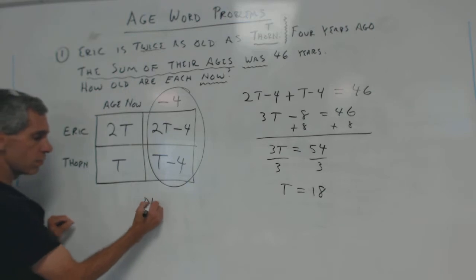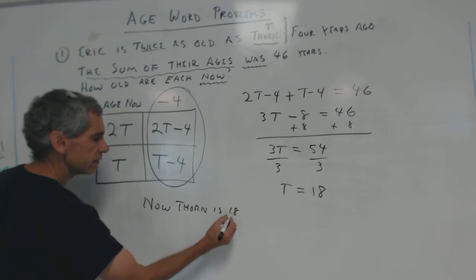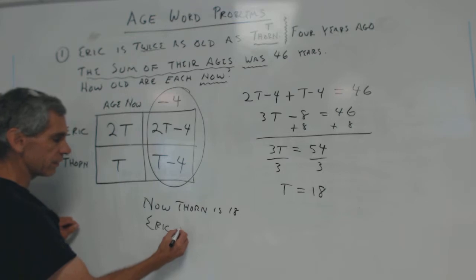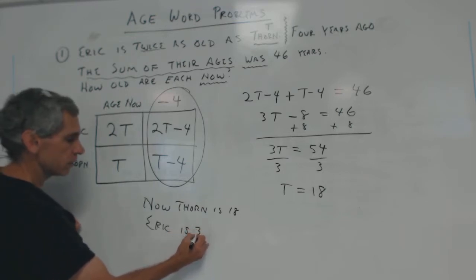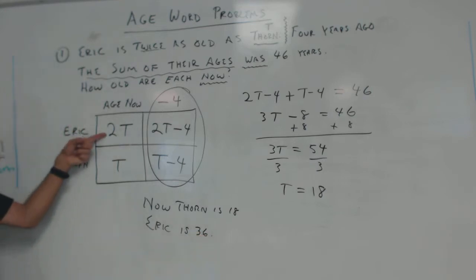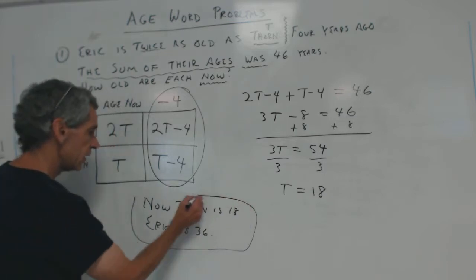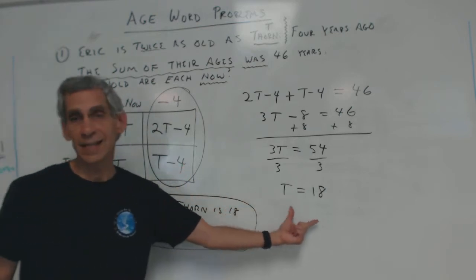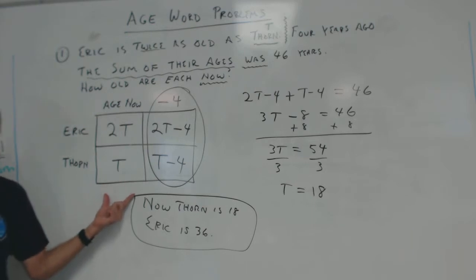So now Thorn is 18, and Eric's age is 36, right? 2 times 18 is 36. So that's pretty easy. It's interesting, we used an age 4 years ago to find T, and then we use T in the age now to find out their age now. Isn't that really cool? Yeah.